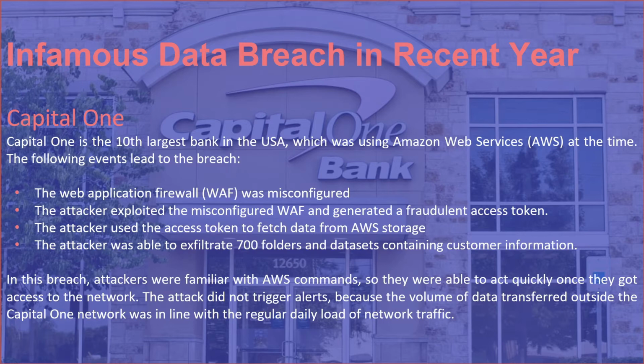So the attacker exploited this misconfigured web application firewall and generated an access token to fetch data from AWS storage. To avoid such scenarios, it is very important to keep your cloud environment secure. And in this session, I'm going to demonstrate how you can identify services which are insecure or vulnerable to attacks.